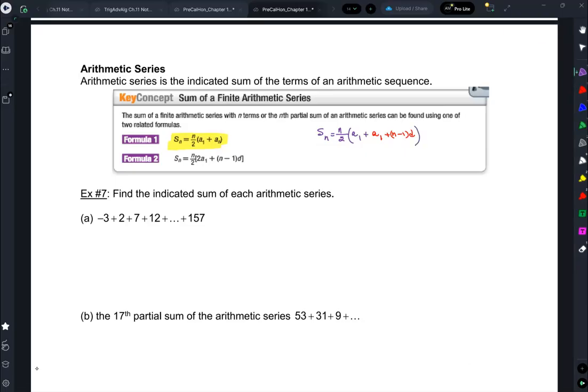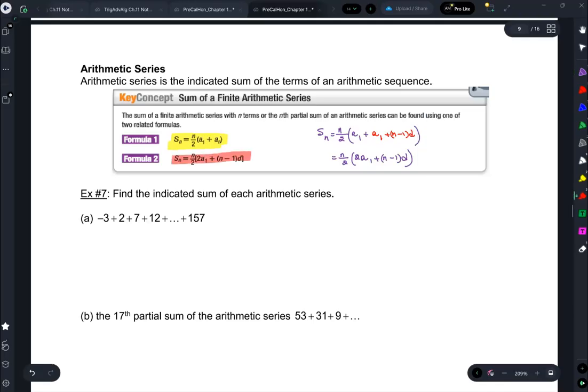That's that magic formula from this lesson. So look, this is 2a1 plus n minus 1 times d. So that's just the second formula here. They're the same, but one is substituted into the other.